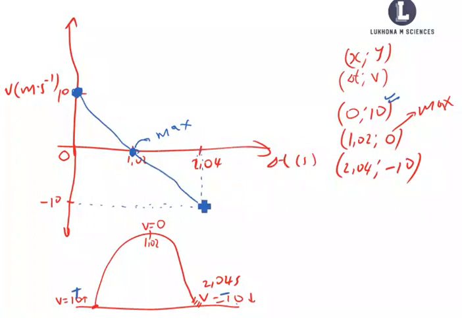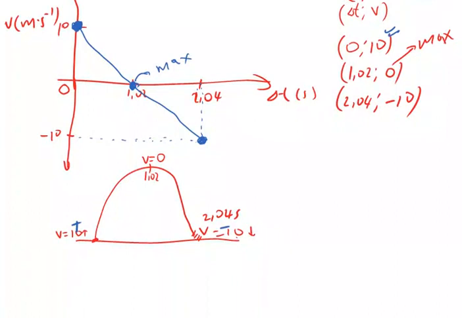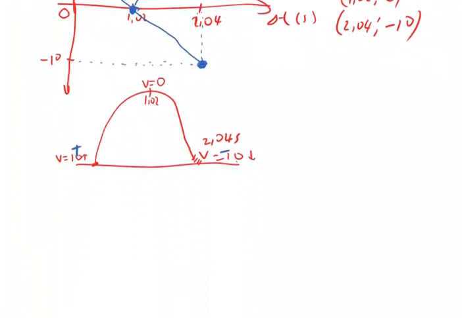And if you look here, the graph is decreasing, which means up was taken as positive, down as negative. Okay, so let's go to the last graph. That is the acceleration time graph.